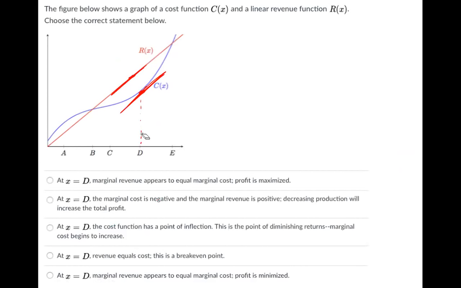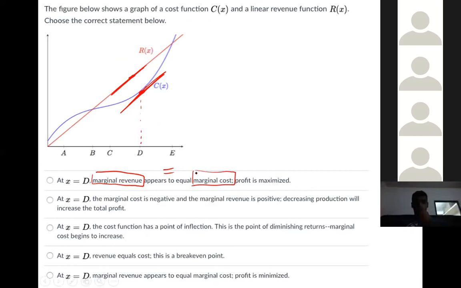What do you think? Which statement is correct? At D, marginal revenue appears to equal marginal cost. Profit is maximized. Do you think it's just this one? Marginal revenue equals the marginal cost, right? Which means profit is maximized. I think, yes, this is the correct statement.